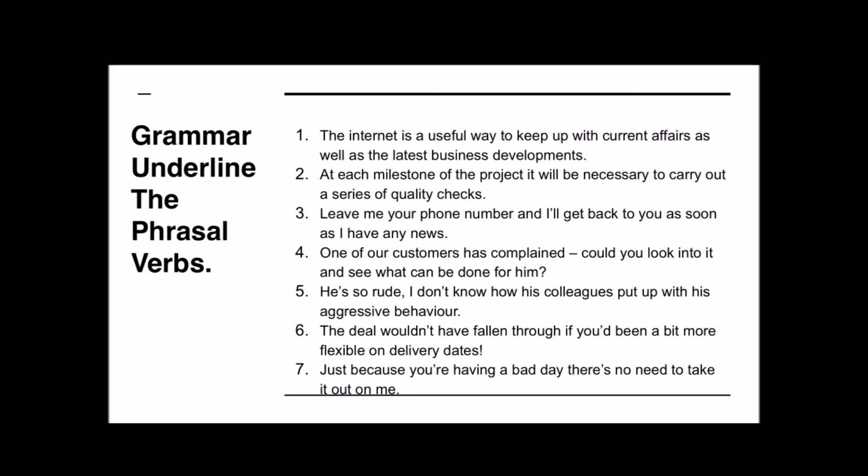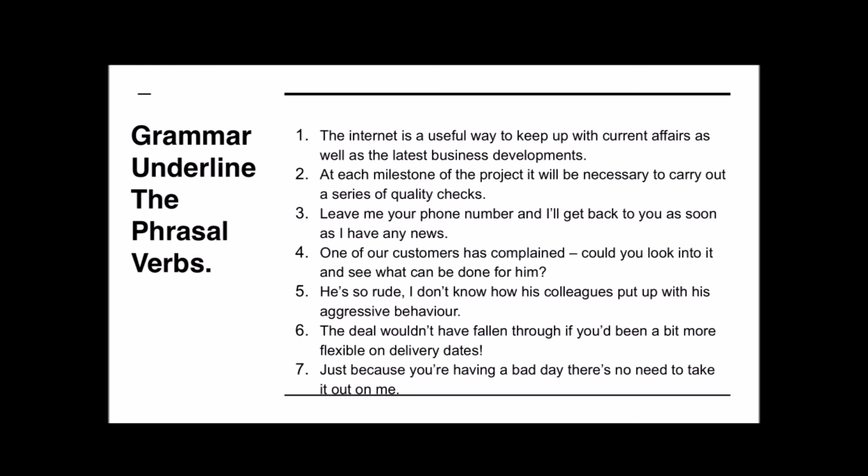Okay, and there's lots of phrasal verbs, but in this slide I want you to underline the phrasal verbs within the sentences, so that you can see there. The first sentence says the internet is a useful way to keep up with current affairs as well as the latest business developments.